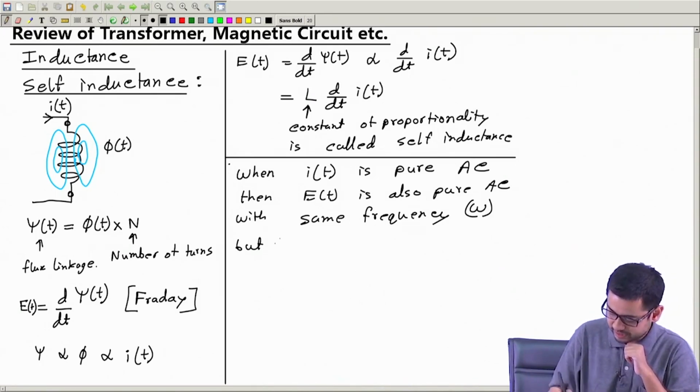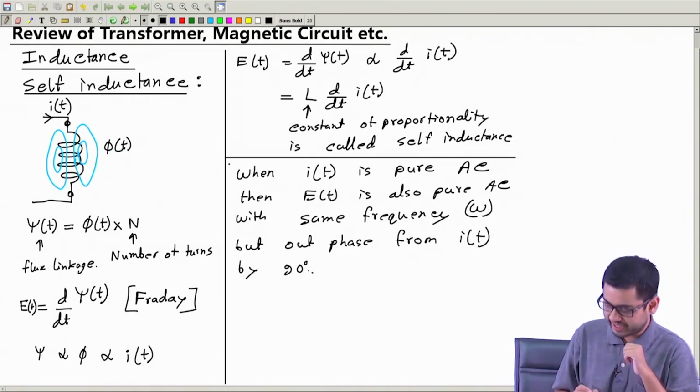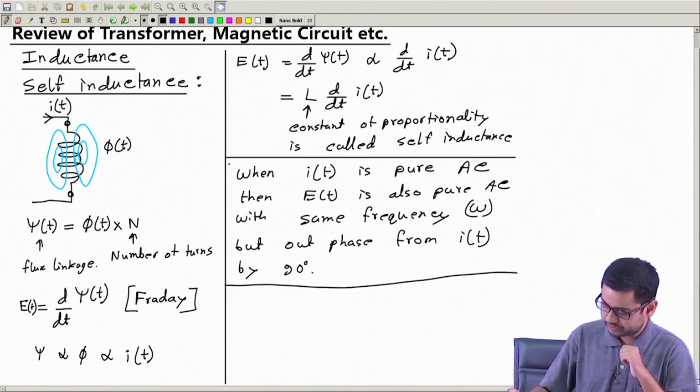So let me just write, it is out of phase from i(t) by 90 degrees. This much I can write. This is another important concept which you know.